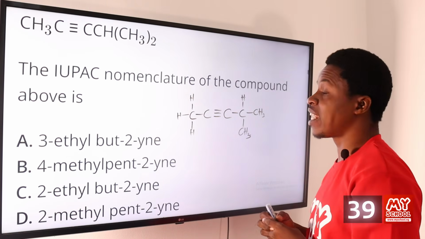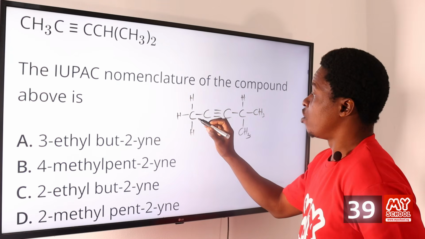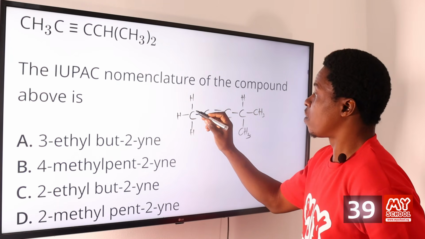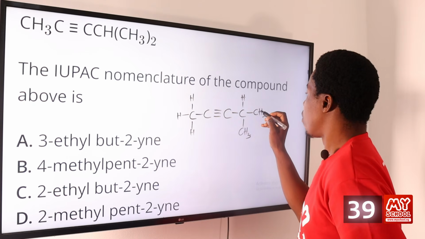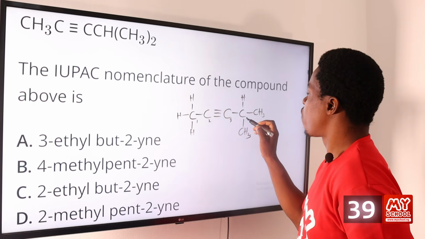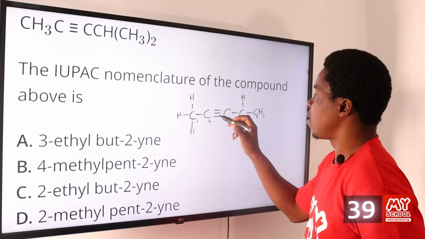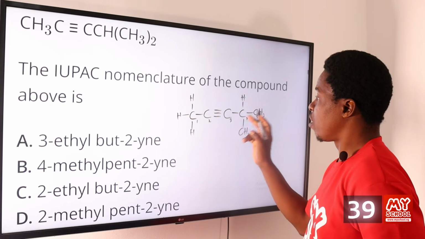So I think it's easier now to name this. We can go from either way, 1, 2, 3, 4, 5, and we still have 5 carbon atoms. The longest chain is 5.